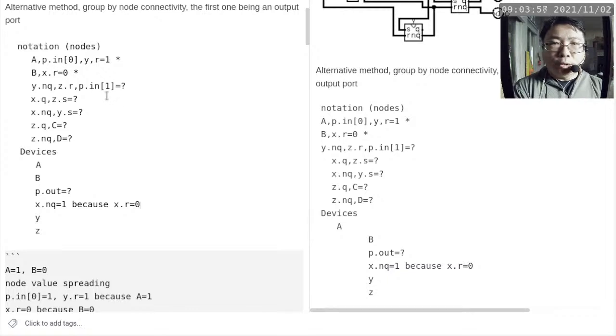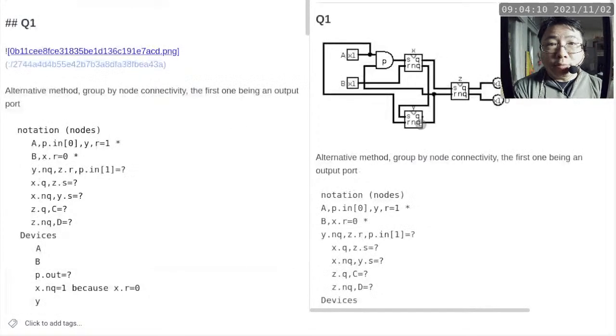But we don't know what x.nq is, because we need to know what x.s is in order to answer that question. And then x.s, let me see, did I even track that node? x.s is connected to p.out, and it's not even tracked at this point, so I'm gonna have to track that too.